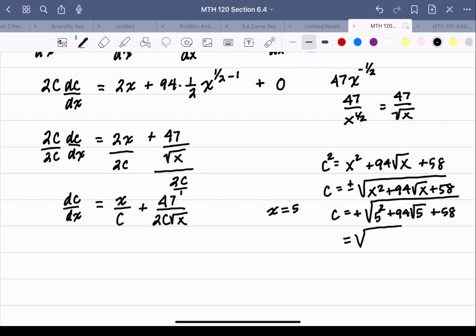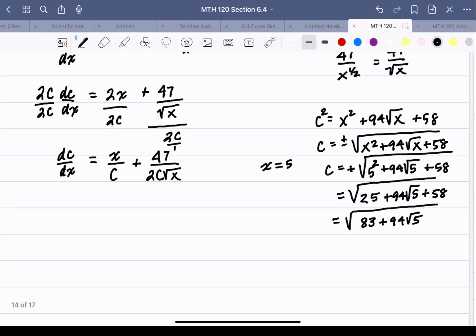If I work this all the way out, 25 and 58, I can add the 25 and the 58. That's going to give me 83 plus 94 square root of 5.